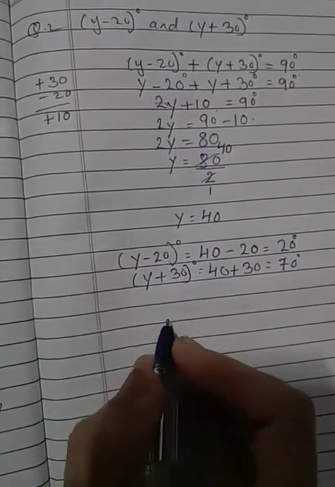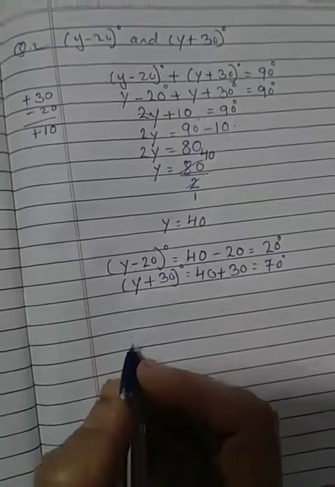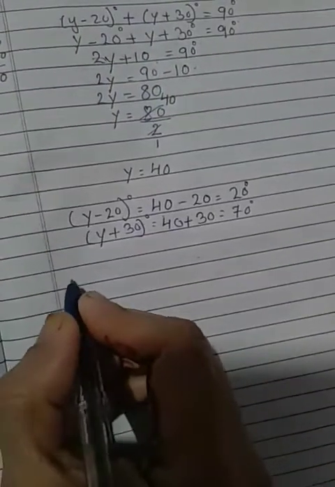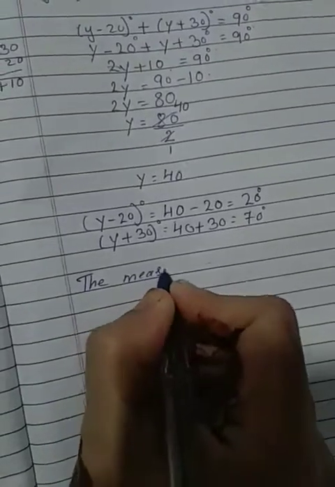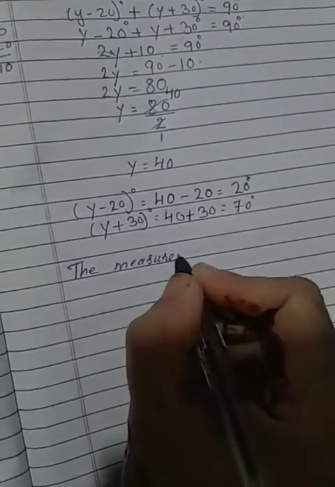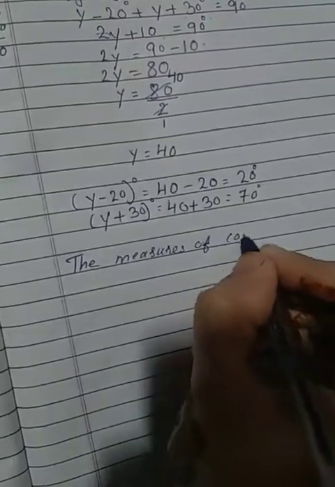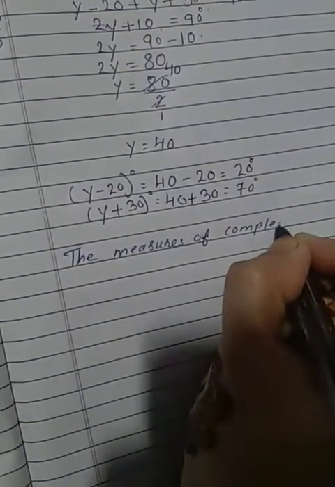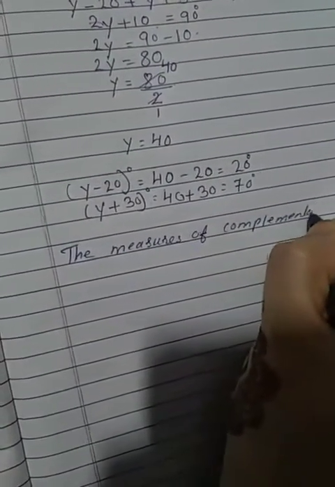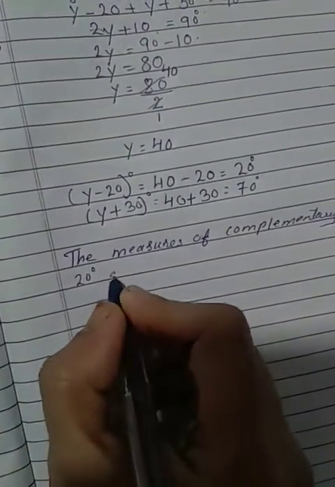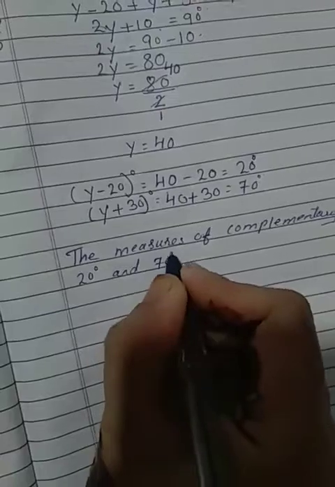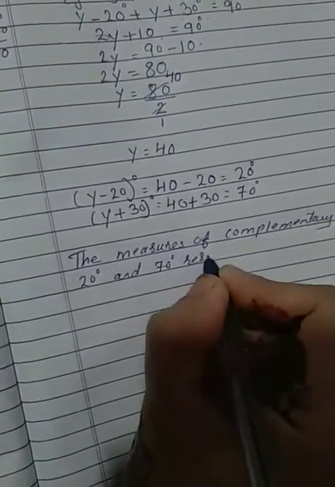So at the end what will we write? The measures of the complementary angles are 20 degrees and 70 degrees respectively.